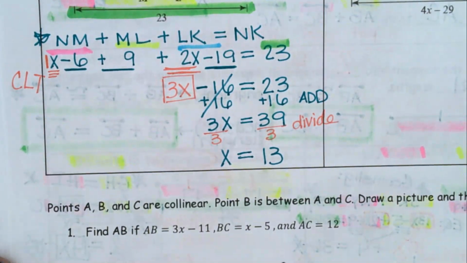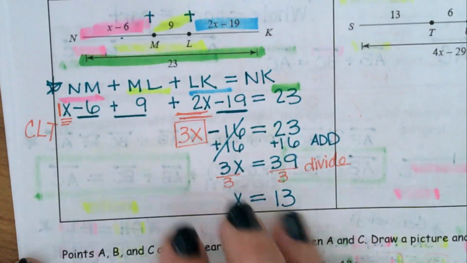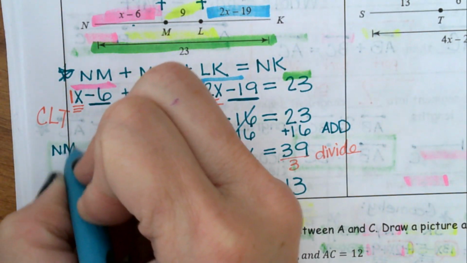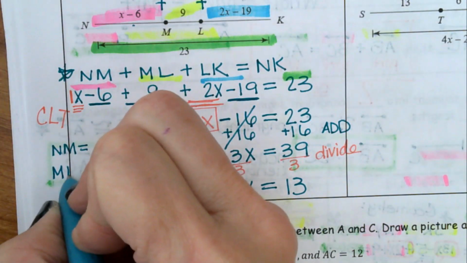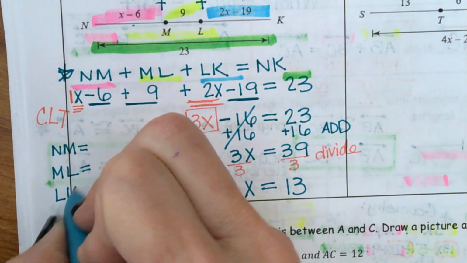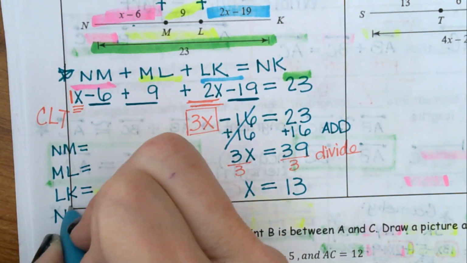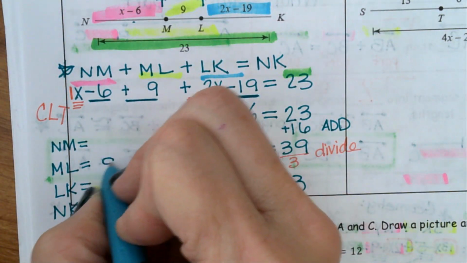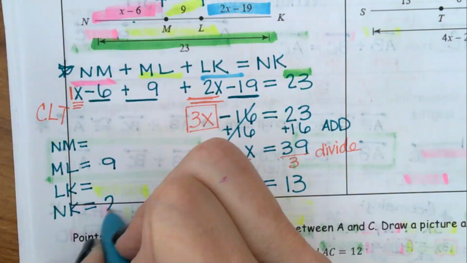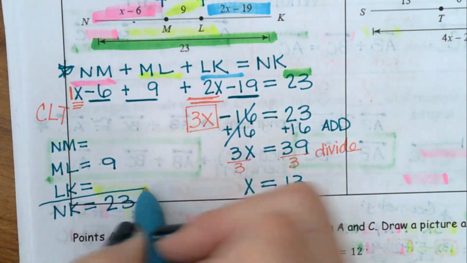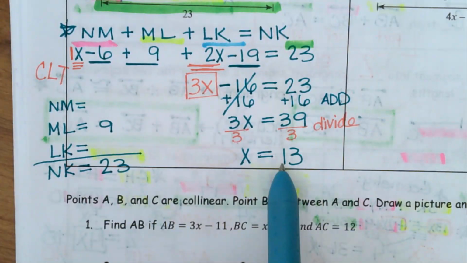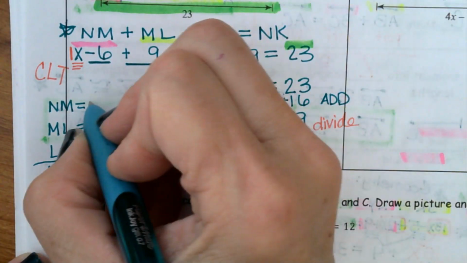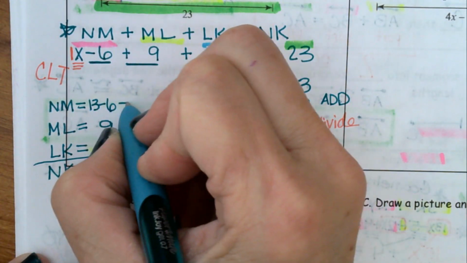Now, in order to come back up here, I want you to write NM and ML and LK and NK. All right, we'll just write all the pieces down. We already know ML is 9, and we already know that NK is 23. We have to find NM. So we have 13 minus 6. What is that?